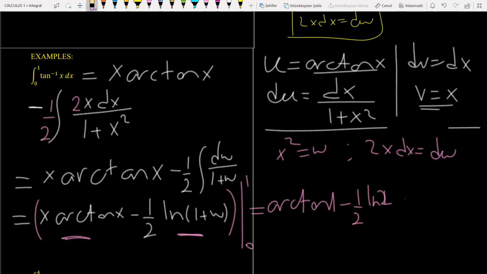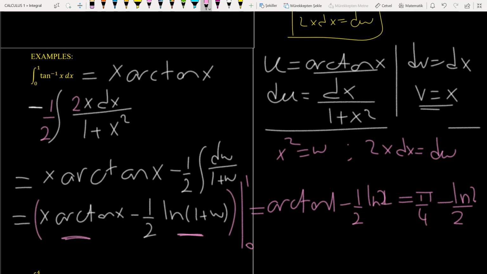So this is all. The answer is arctangent 1 minus 1 over 2 ln 2, and we know that arctangent 1 is pi over 4, minus ln 2 over 2. So it's all.